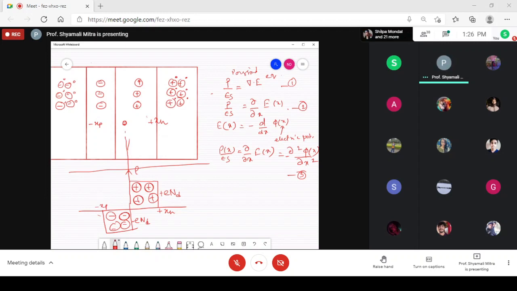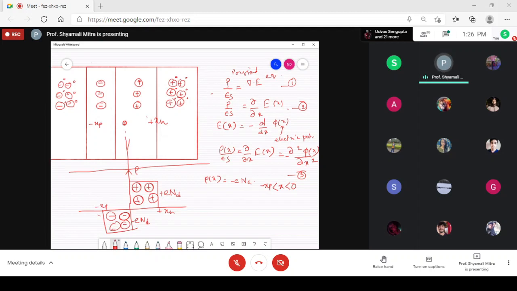Now rho x, we already have that quantification of rho x. What is that? Rho x is equal to minus E times Na for the depletion region extending up to xp, and for x greater than 0, it is E times Nd up to xn.